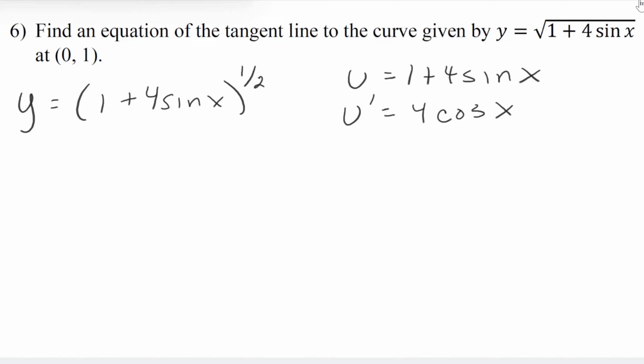And then I have u to the 1/2 is 1/2 times u prime.